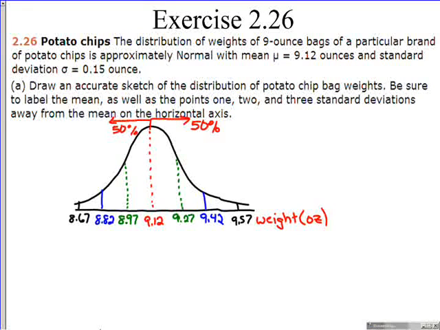Within 1 standard deviation is 68%. So between here and here is 68% of our bags of potato chips weighing between 8.97 ounces and 9.27 ounces. Likewise, if there's 68% in there, that means there's 34% in this section, 34% in this section.